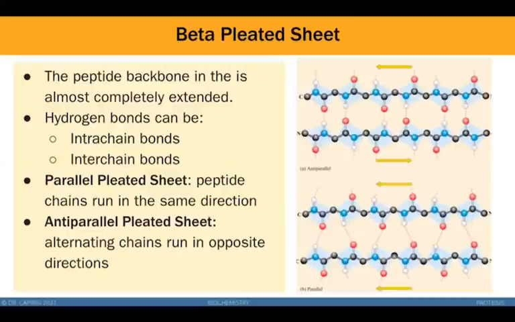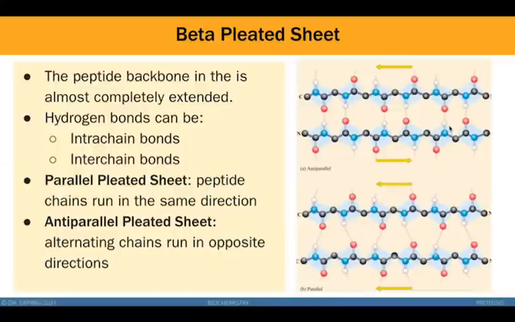It can be a parallel pleated sheet and anti-parallel pleated sheet. When you say parallel pleated sheet, the peptide chains run in the same direction. And when you say anti-parallel pleated sheet, the alternating chains run in opposite directions. So we have two sheets, okay?